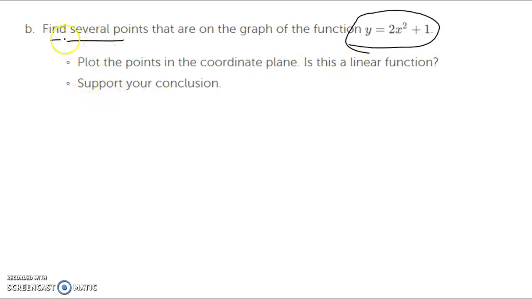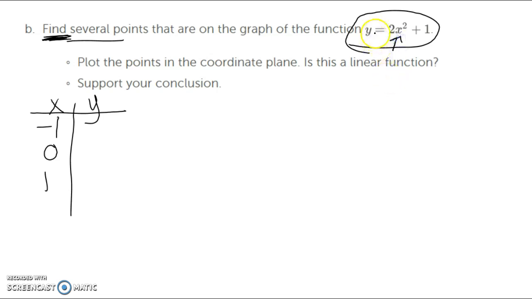When it asks us to find points, we actually need to create those points. So we know that if I come up with values for x, I can use any values in the entire world for x, and if I plug those in, I could get a y value.